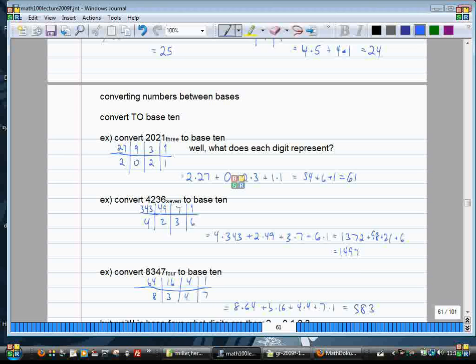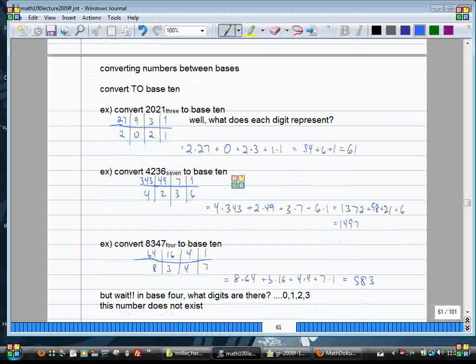What's the problem? 4 would be 10. Because it's 3, 10 in base 4, this number does not exist. No, no answer. Number doesn't exist.